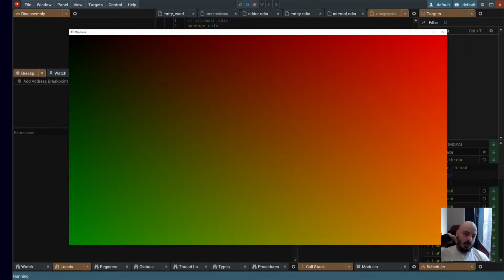So UV1 is going to be all the way up there on the y-axis. That makes sense. 0, 0, 0. No, it's down there. 0, 1. 0, 0, 1, 1. Okay, so we're going from the top left to the bottom right. And green, Y, and yeah, okay, I get it.